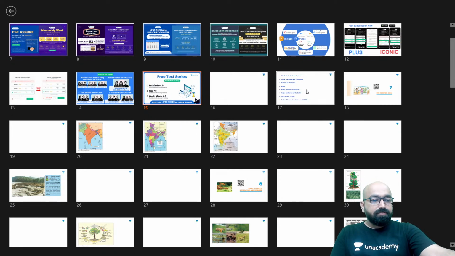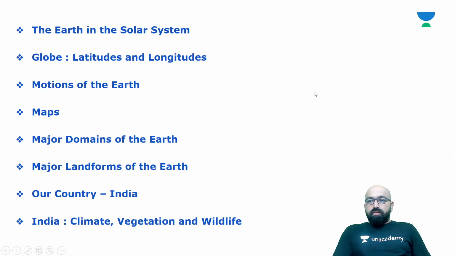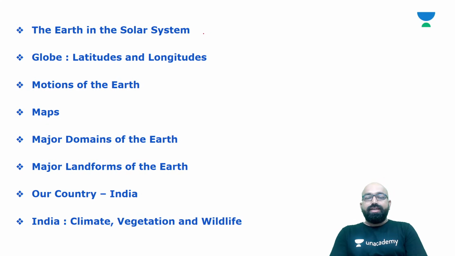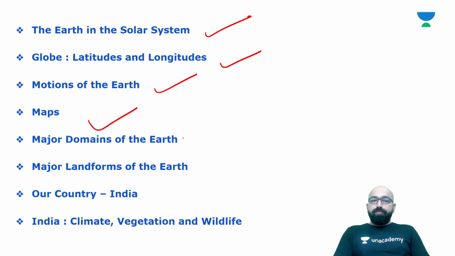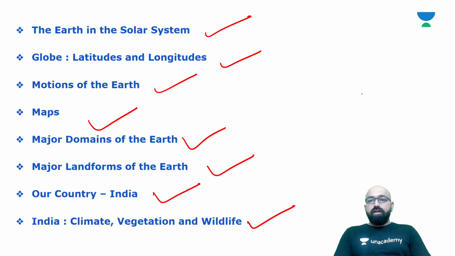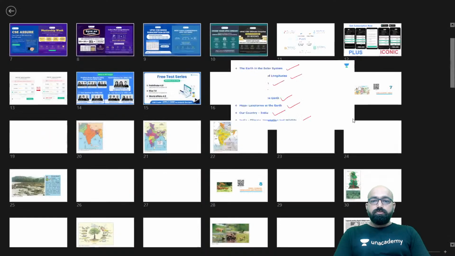Now friends, till now in the NCERT series, we have covered the Earth in the solar system, motions of the Earth, maps, major domains of the Earth, major landforms of the Earth, our country India, and climate, vegetation, and wildlife. Now, moving to the next part.